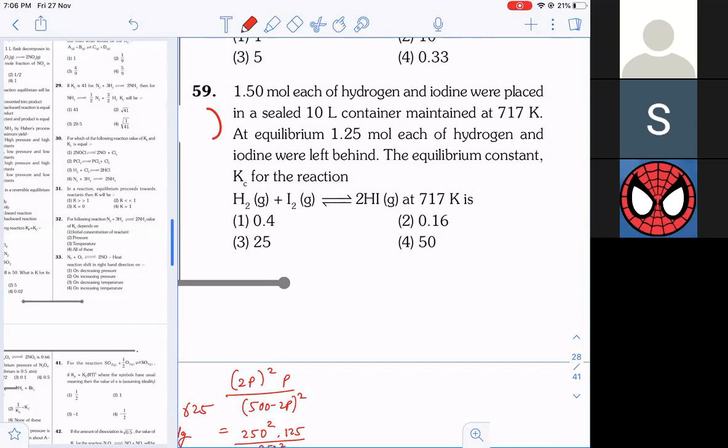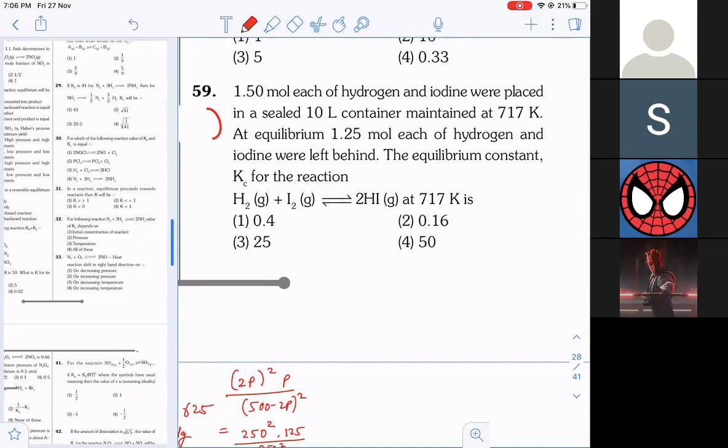Sir, I got option 2, 0.16. Okay. So please explain to us, how did you do it? Sir, we write the reaction first, the balanced reaction, and then we write the initial and equilibrium.